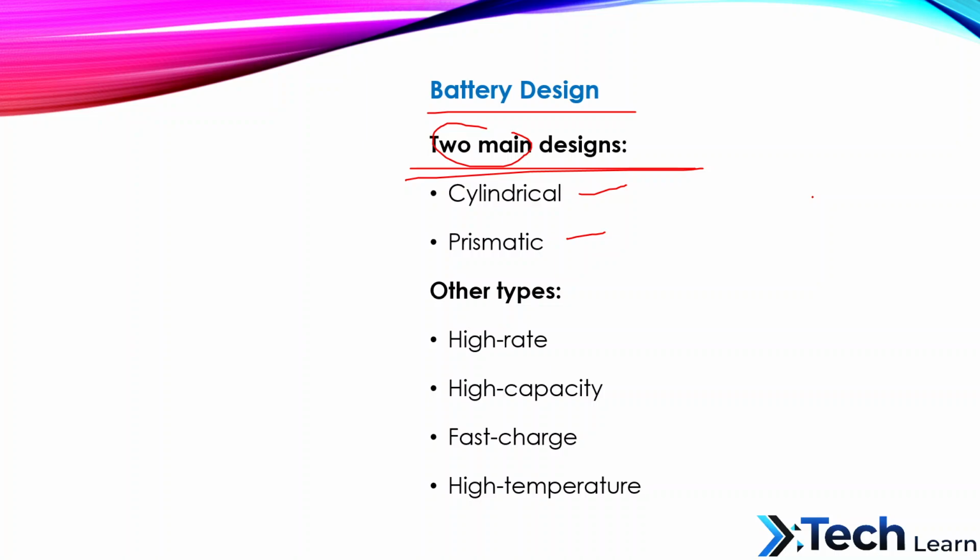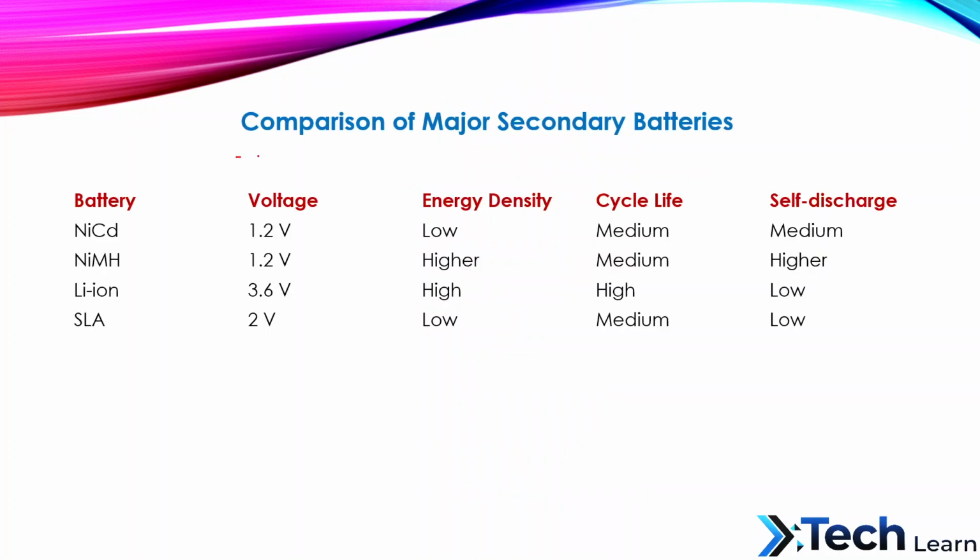Now, coming to the comparison of major secondary batteries, here you can see I have listed different battery chemistries. SLA is nothing but sealed lead acid. Nickel cadmium batteries are robust but have memory effect and environmental issues.